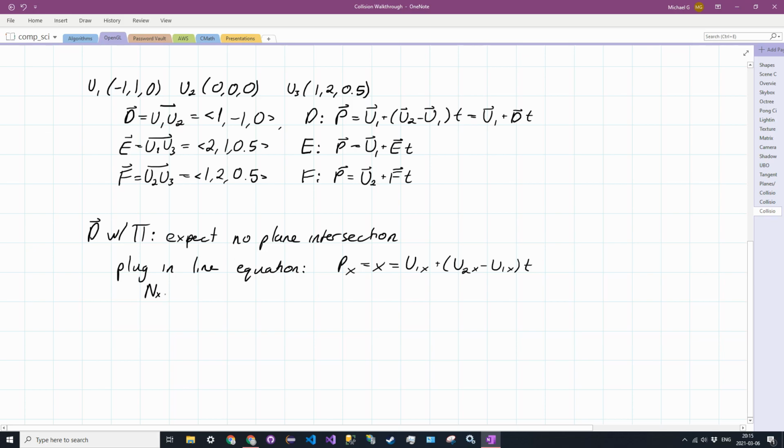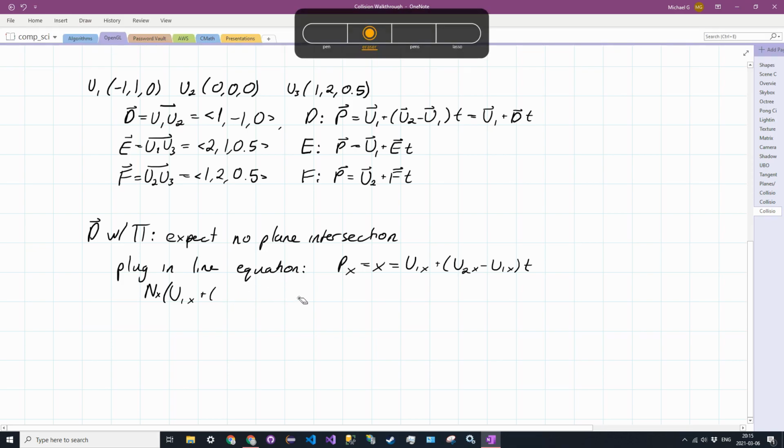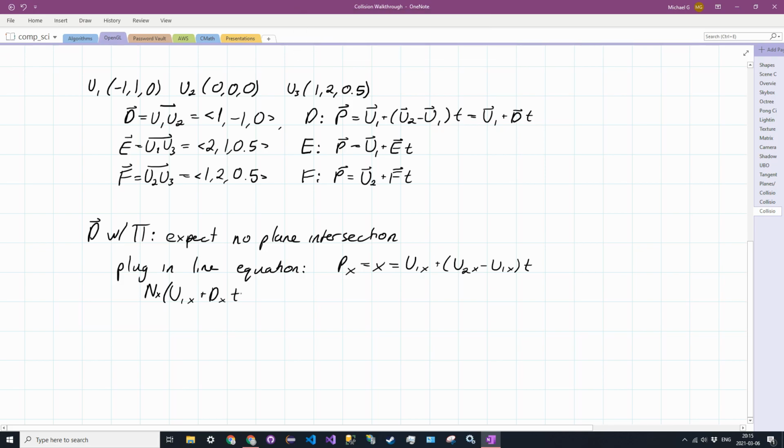So we get that nx, the x component of the normal vector of the plane, times the x component, so U1x plus U2x minus U1x, or I'll just write this as dx, dx t, plus ny times u1y plus, this is going to be the same thing, so dy times t, plus nz times u1z plus dz, the z component of d, times the parameter t, and this is going to be equal to nx p1x plus ny p1y plus nz p1z.